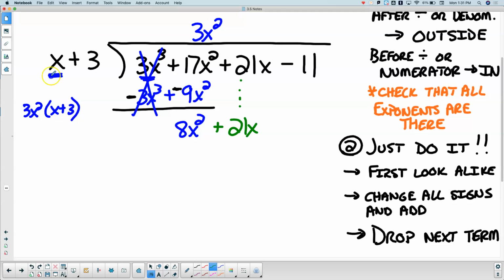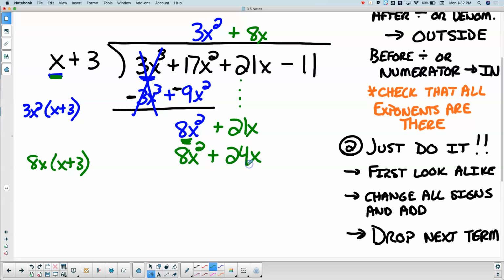Now I want to make x look like 8x squared. What times x gets me 8x squared? 8x. So I take 8x and I multiply it by x plus 3, and that's going to be 8x squared plus 24x.